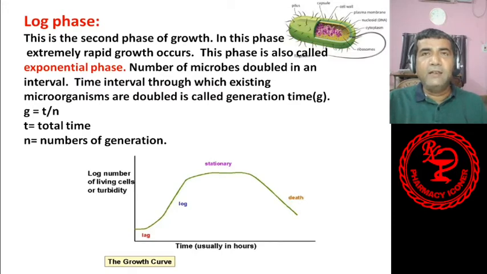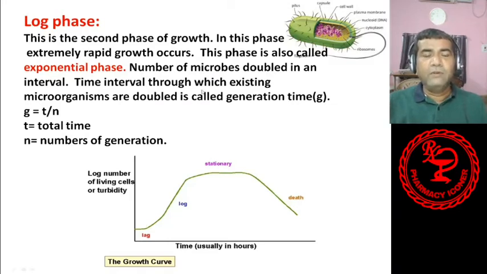That is, the number is doubled, as I described earlier. The number is doubled each time. That is, 2 becomes 4, 4 becomes 8, 8 becomes 16, 32 becomes 64, likewise. That is exponential growth.